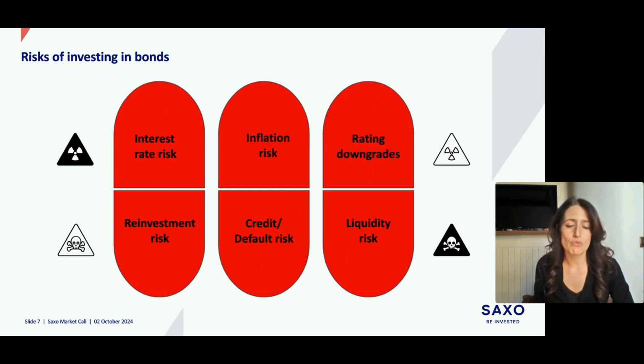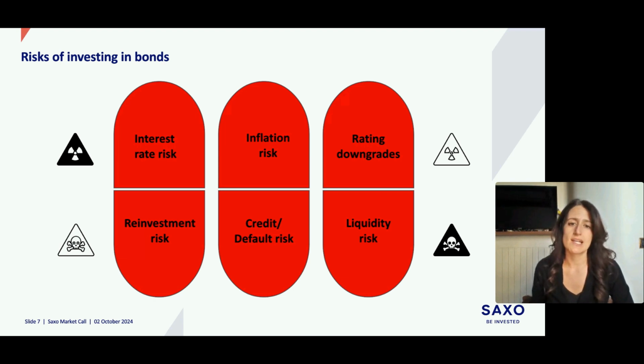And interest rate risk: if interest rates rise and a central bank is going to hike interest rates, exactly as we have seen in 2022 and 2023, your bond holdings are going to lose value. Why? Because if interest rates are up, the valuation of your bond portfolio is going to go down.